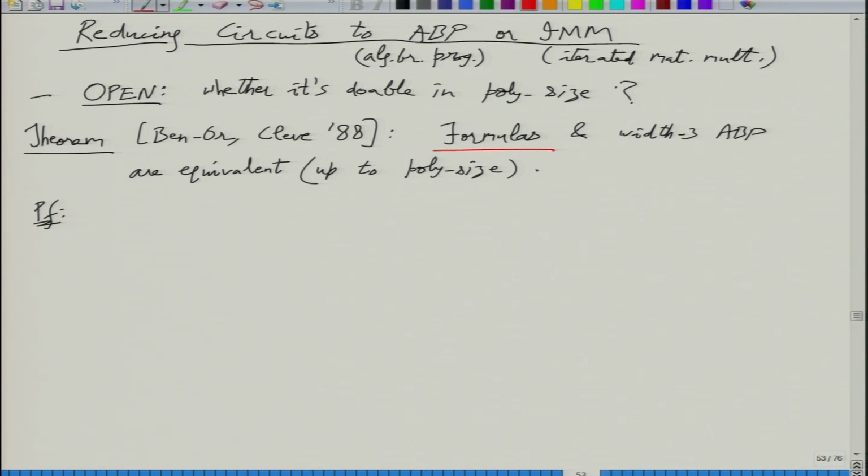So instead of studying general circuits, we will study formulas.